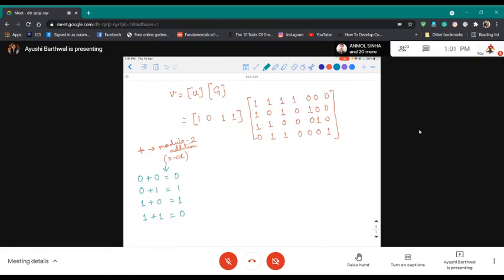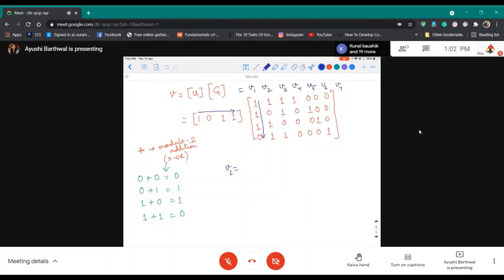So let us solve this question to find the valid code vector. You have to multiply 1011 by the first column to find the first bit of the code word. Let me denote the bits by V1, V2, V3, V4, V5, V6, and V7.